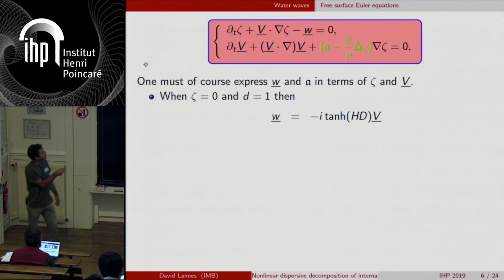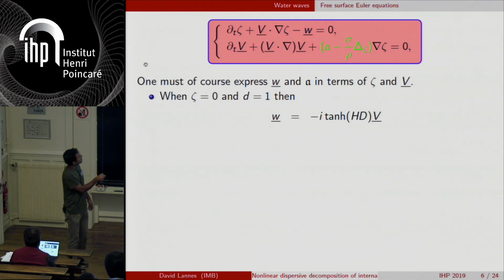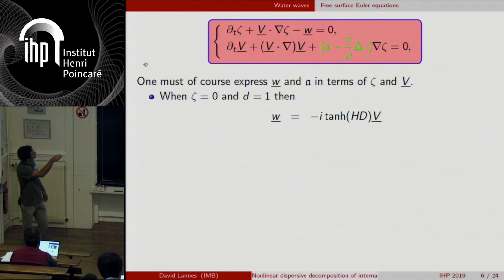These notations mean that if you take the Fourier transform in the horizontal variable, the vertical velocity is given by minus i, the hyperbolic tangent of k, times the horizontal velocity. Okay, so you can pass from the horizontal velocity to the vertical velocity very simply using this operator in the Fourier space.